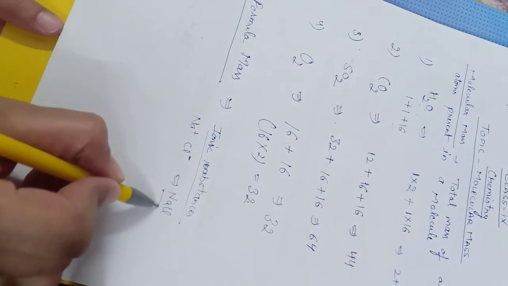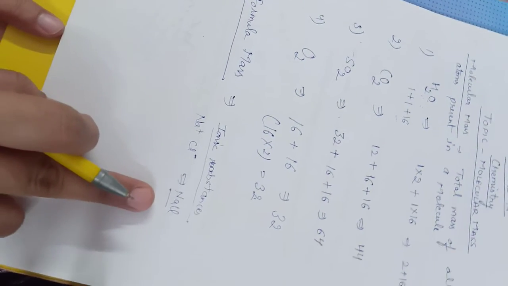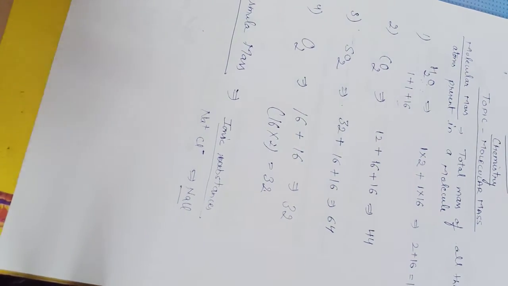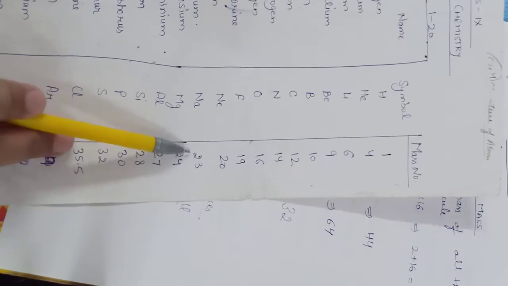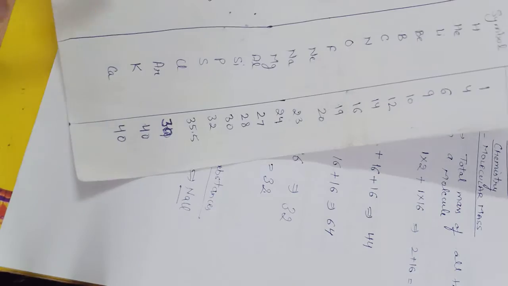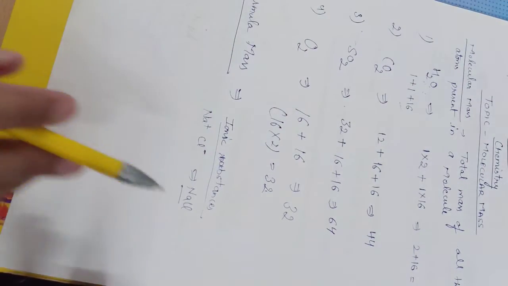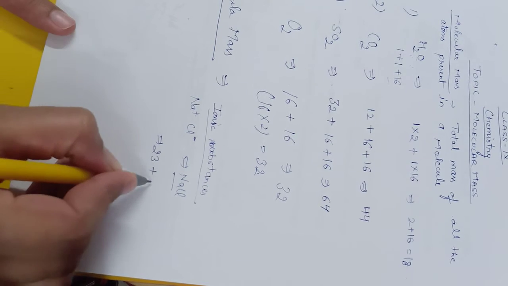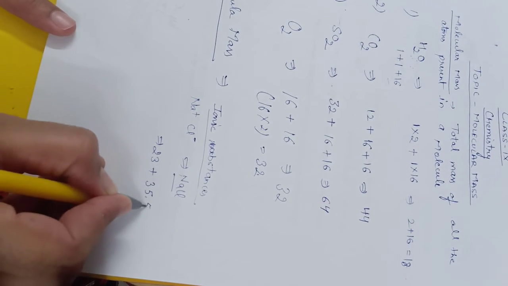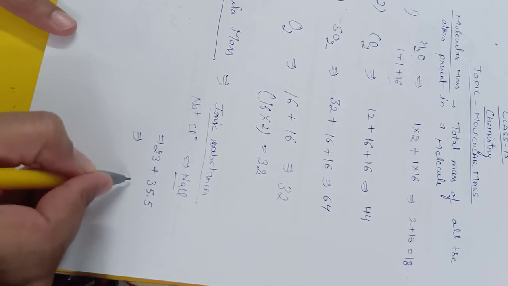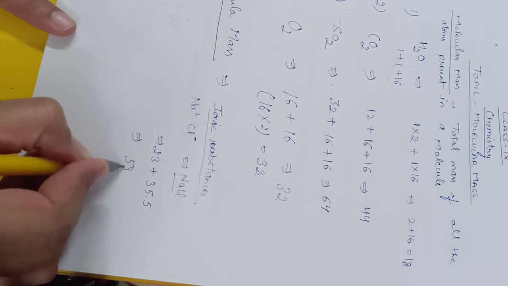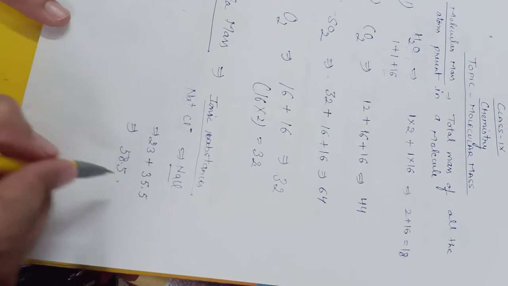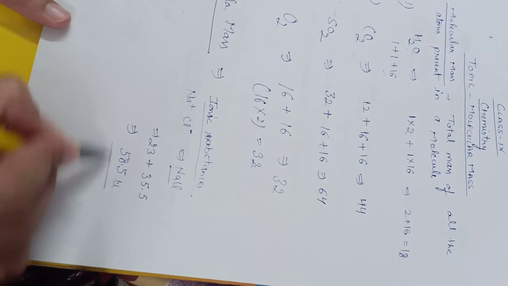So what is the formula mass of NaCl? Mass of sodium is 23, mass of chlorine is 35.5. Now put the values: sodium is 23, chlorine is 35.5, so we have 58.5.